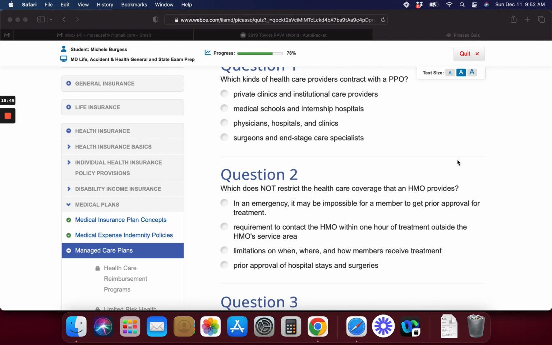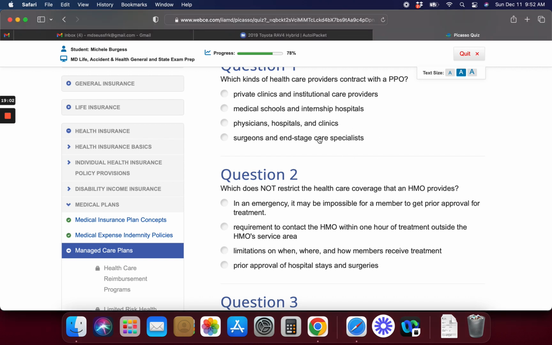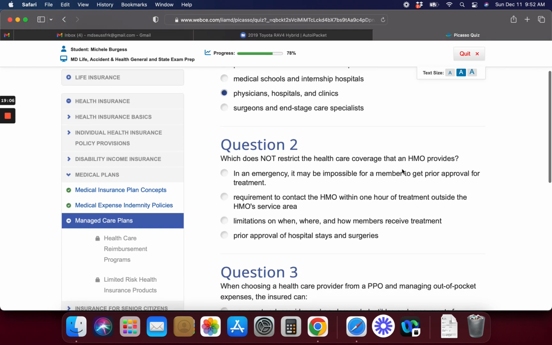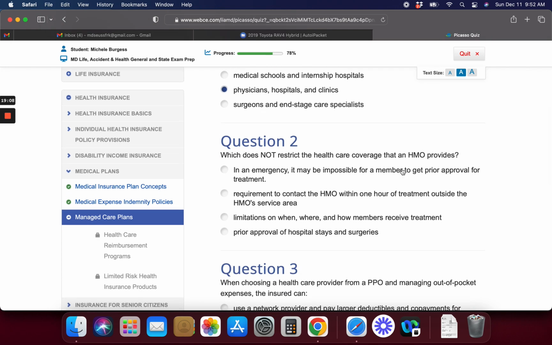All right, so here are our 4 questions for this lesson. What kinds of healthcare providers contract with the PPO? I would say physicians, hospitals, and clinics. Which one does not restrict the healthcare coverage that an HMO provides? Prior approval of hospital stays and surgery.